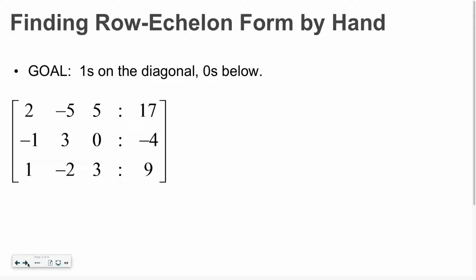Please write down this system, or this matrix, I guess. Now, I do want to give you this warning that when you're doing this by hand, depending on the steps that you take, your row echelon form could look different than somebody else's row echelon form, except for the last row.